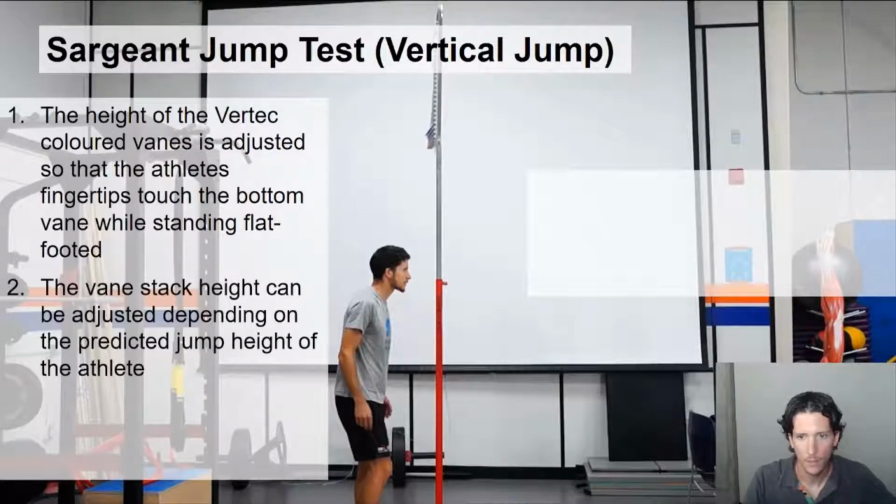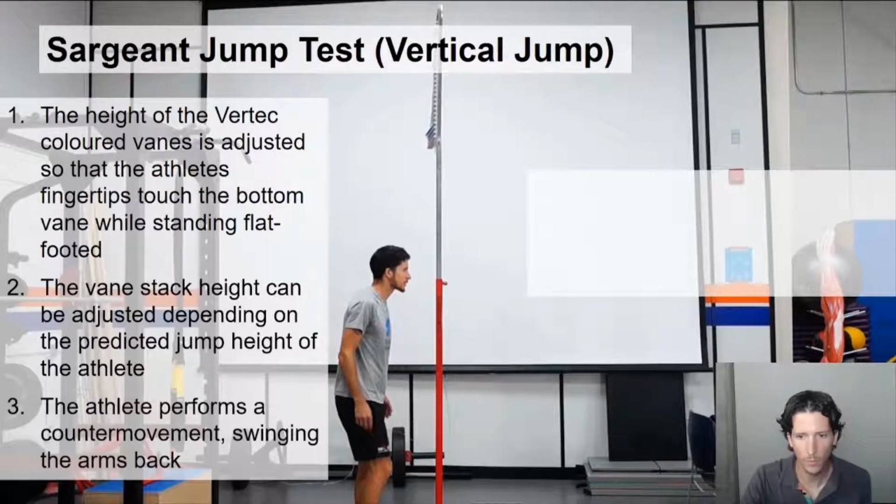If you expect the athlete to be able to jump higher than the colored planes, you can set the planes above the athlete's fingertips. Maybe you'll set them 30 centimeters or a foot above the athlete's fingertips, and then you just have to take this into account when calculating the vertical jump height.